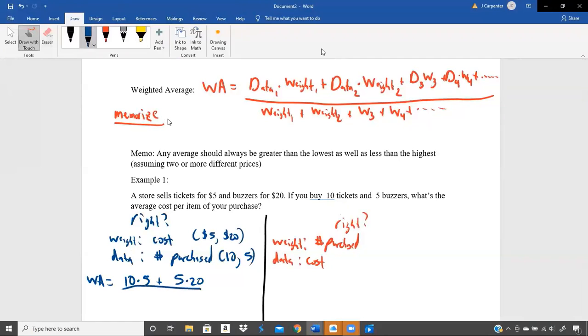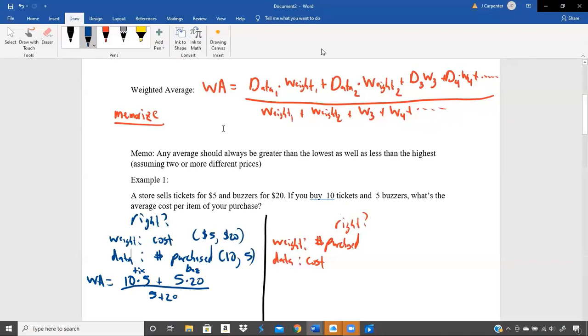And then we divide by, so again, the 10 times the 5 right here, this was the tickets. The 5 times the 20, that was the buzzers. And then the bottom we're saying is weight 1 plus weight 2 plus weight 3. There's only 2 sets of data here, so it's just weight 1 plus weight 2, which we call the weights, the costs, so we go 5 plus 20.